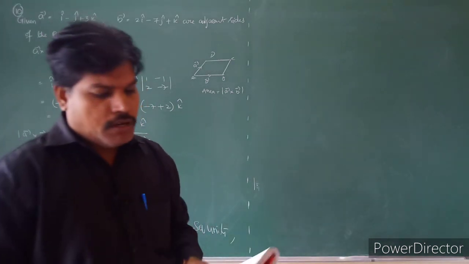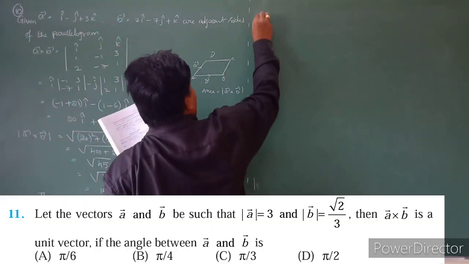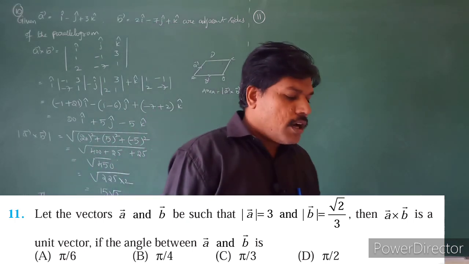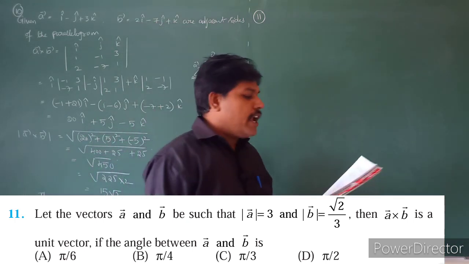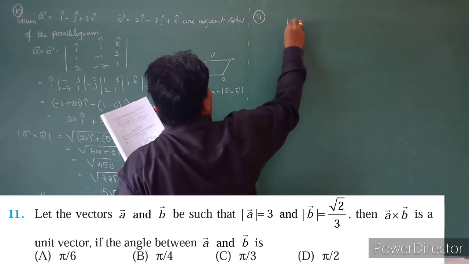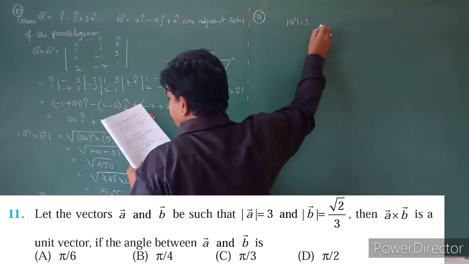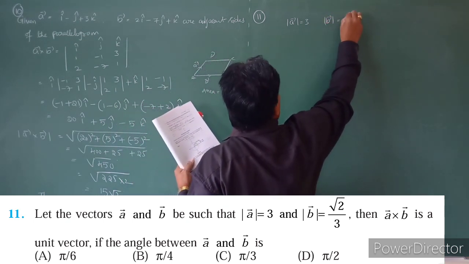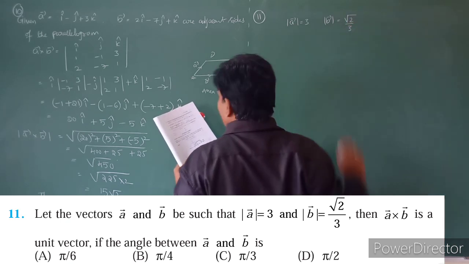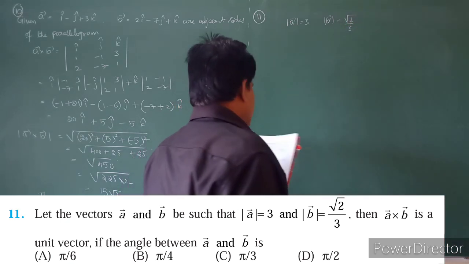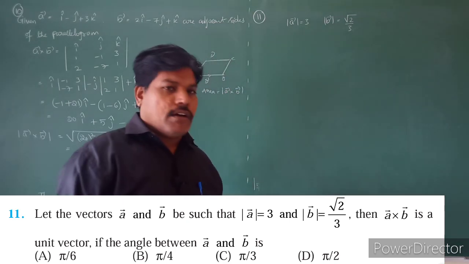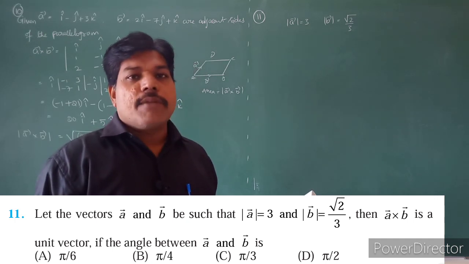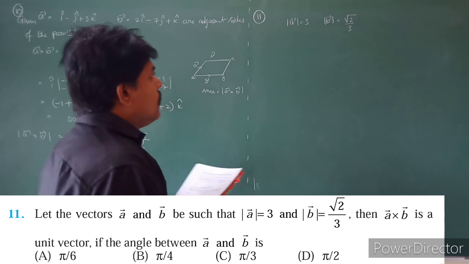So see the question number 11. What is question number 11? Let the vectors a bar and b bar be such that mod a bar is equal to 3 and mod b bar is equal to root 2 by 3, then a cross b is a unit vector if the angle between a and b is... They are already given mod a and mod b.